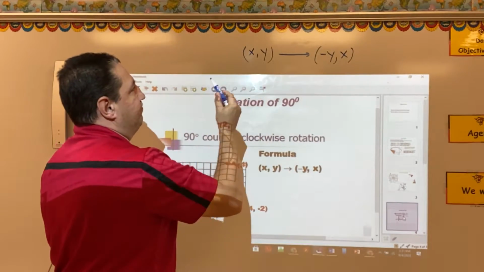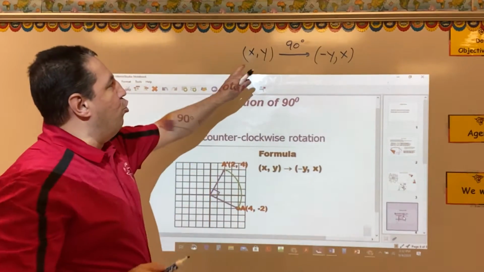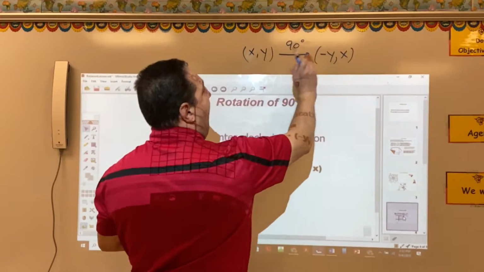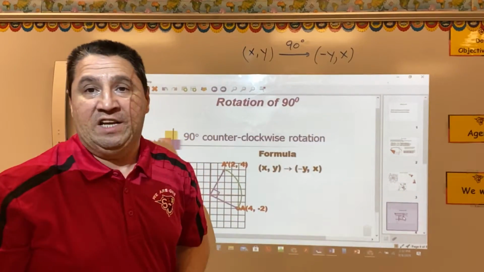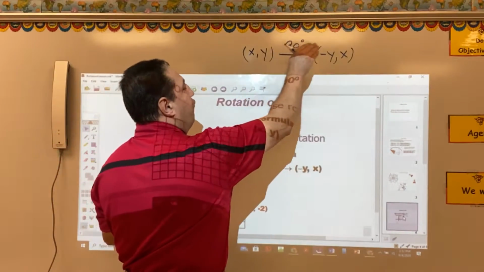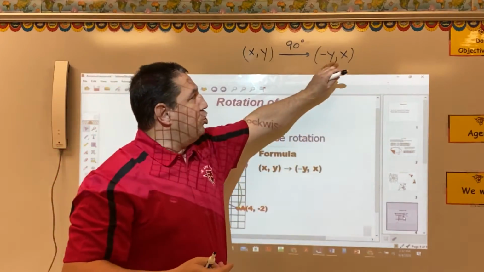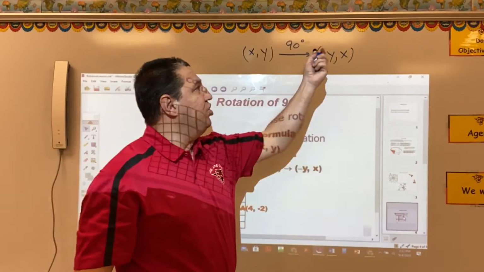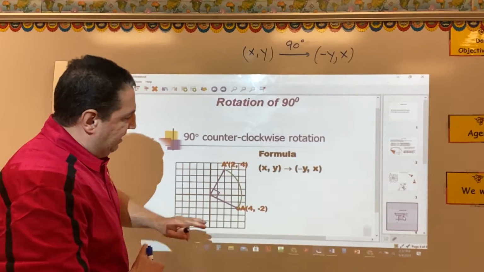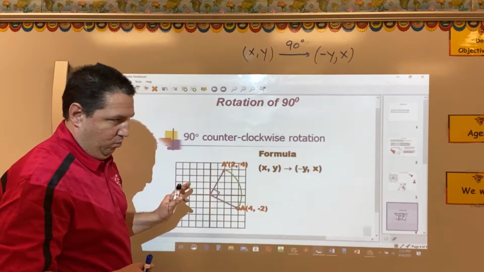In other words, an initial point whose coordinates are x and y, after a rotation of 90 degrees, will end up in this position whose coordinates are negative y and x. In other words, how do you find the coordinates of the new point after a rotation? By switching the coordinates x and y and changing the sign of y. Remember, the positive direction of rotation is counterclockwise.